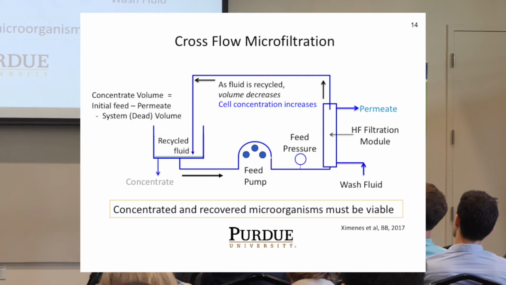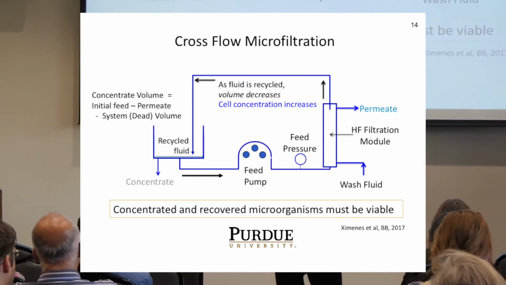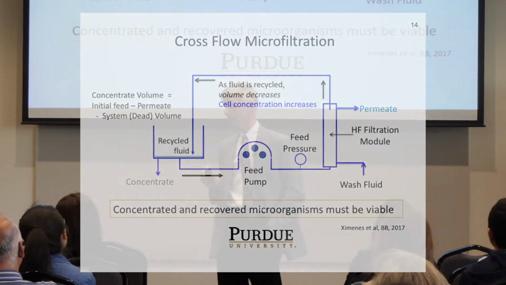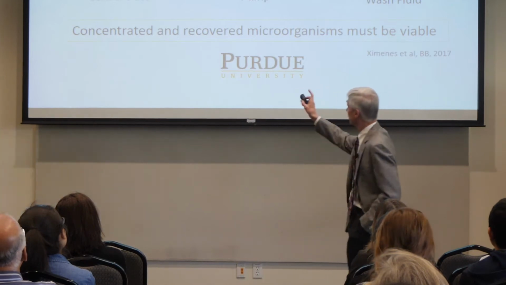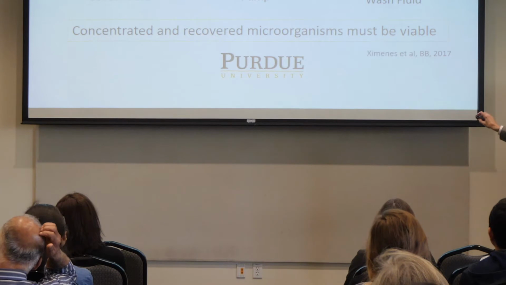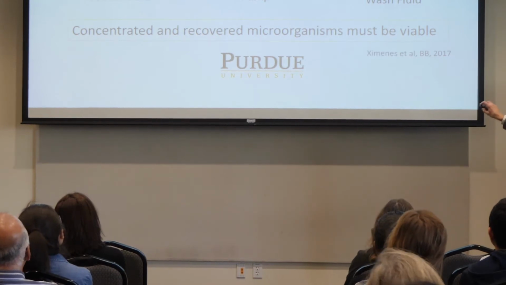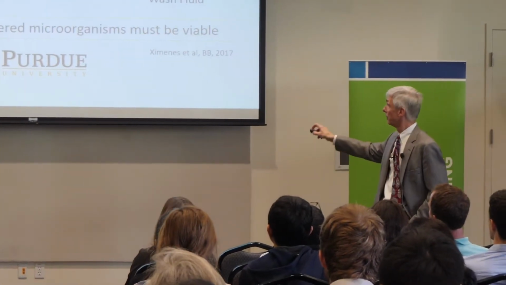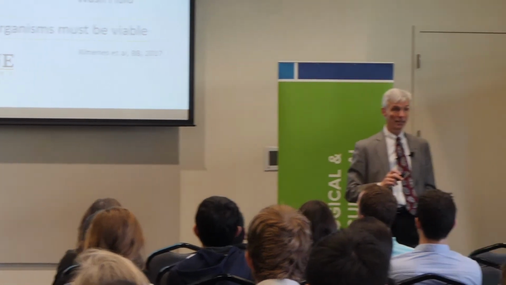We've also very carefully selected the enzymes so the enzymes don't kill the pathogen, which is what they tend to do, so we can detect them if they're there. Remember, a dead pathogen does us no good if we're trying to detect this for purposes of food safety. So after about, depending what it is, between 10 minutes and an hour, the recycled fluid is reduced in volume. The cells are hopefully still there. We then collect it as a concentrate, and as long as they're viable, we can then go to the next step.